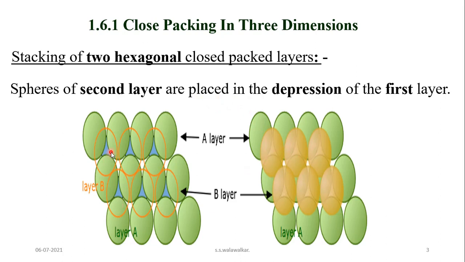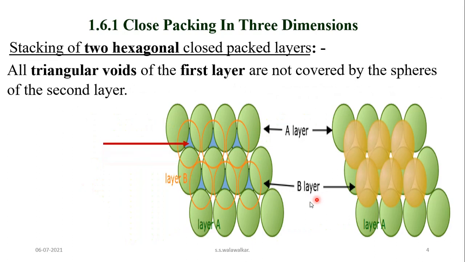So this is the depression. This blue colored space is the depression of the first layer, like this. Here also this is a depression of the first layer. Now the spheres of the second layer are placed in the depression of the first layer, like this.